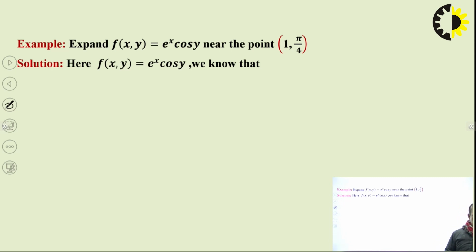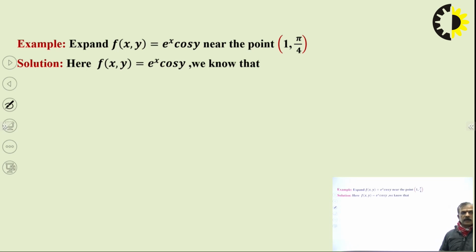We expand this function near the point 1 comma pi by 4, or we can change the statement of this expansion formula: we expand this function in powers of x minus 1 and y minus pi by 4.